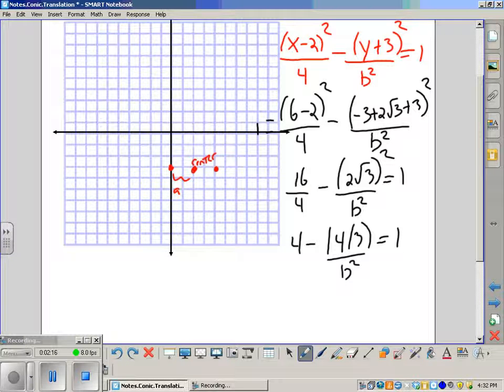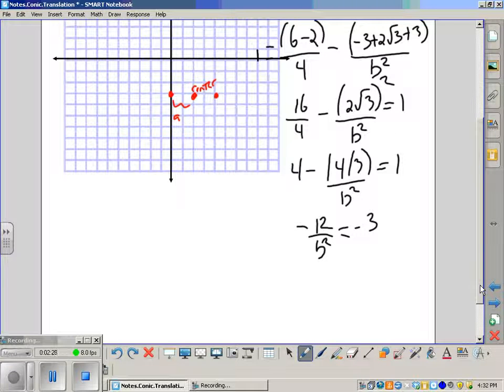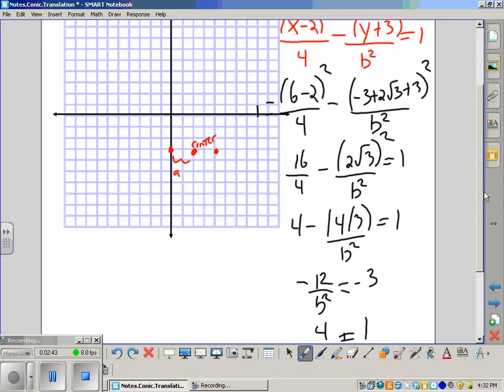So let's see. I'm going to divide both sides by -3. And all right, b is plus or minus 2. So b squared is going to be 4.